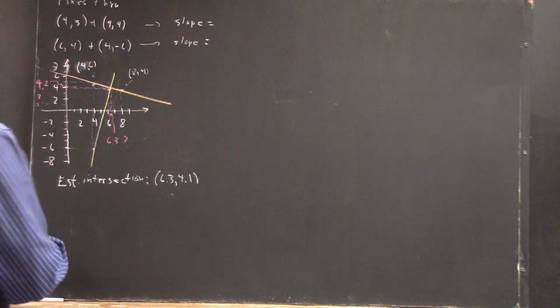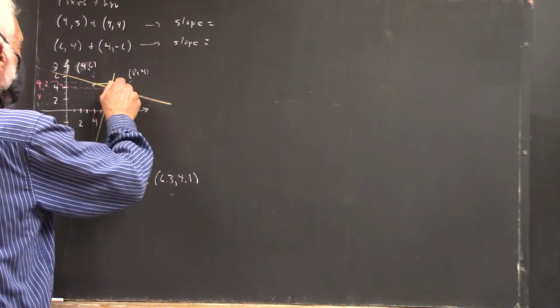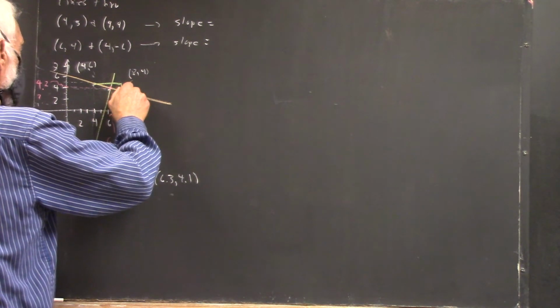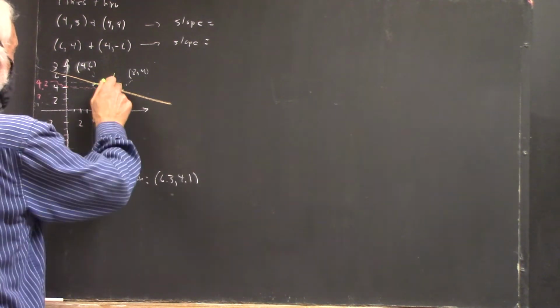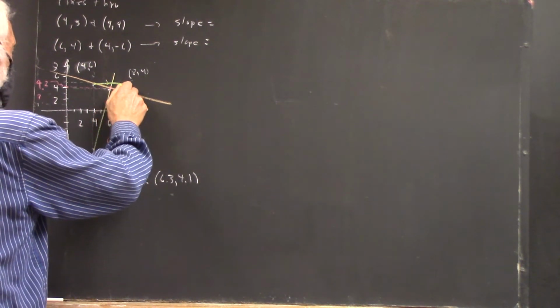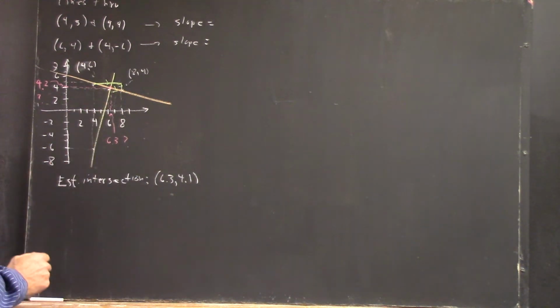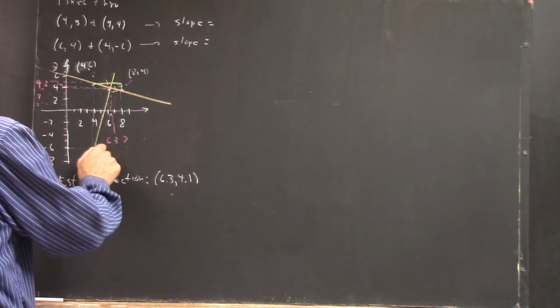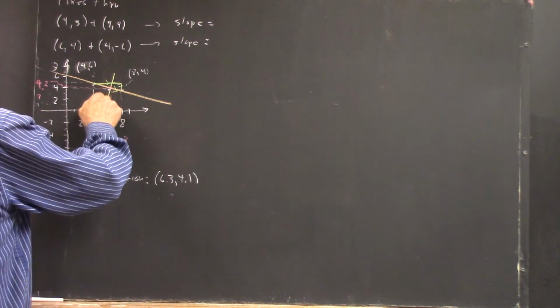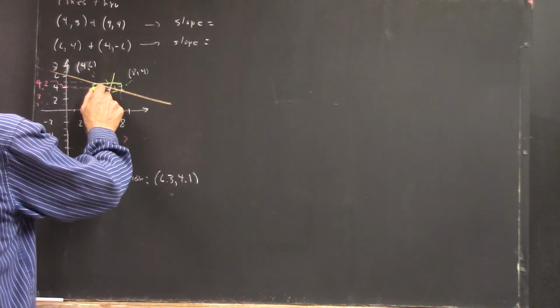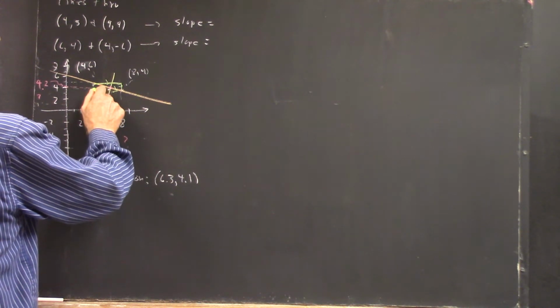So, I draw the fundamental triangle. I draw arrows. I go from left to right. I pretty much always do, but you're free to go right to left if you want to, as long as you do it the same both ways.